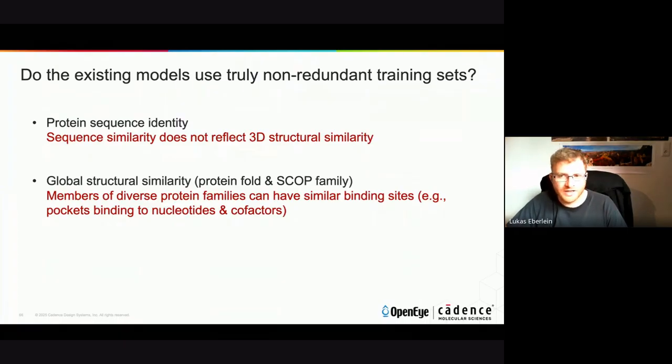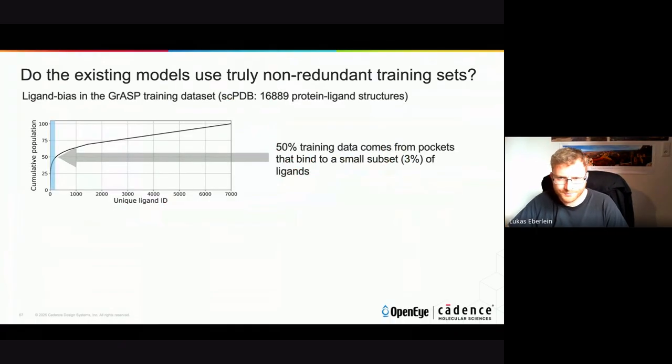And also you can have different sequences that can lead to the same fold, which can lead to the same enzymatic activity. And there is another issue if you look at protein families, because many protein families have diverse binding sites, but they bind to the same types of molecules. So you might be overfitting on some of the same chemistry, and we think that this is what happens in some of the models that are out there today.